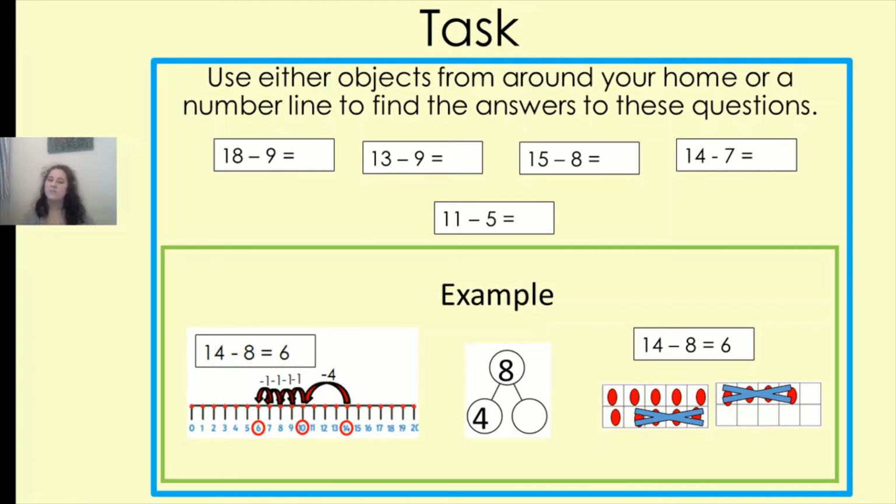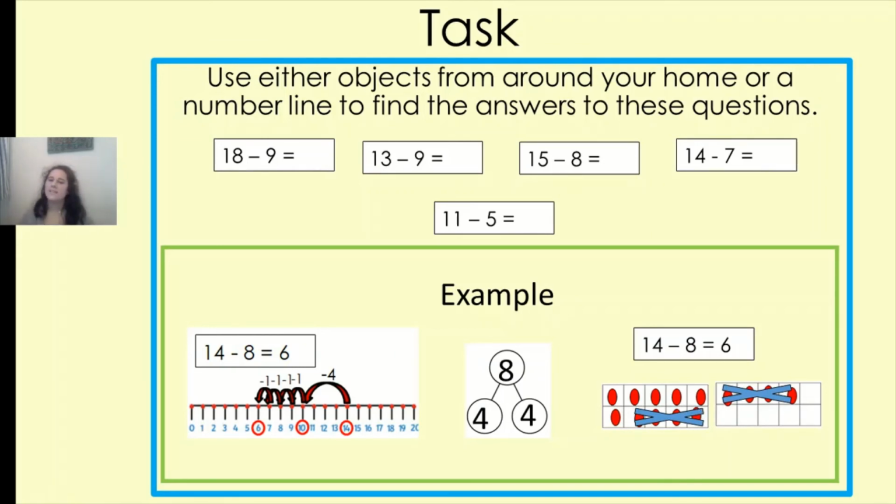Then I found the difference between 4 and 8, which is 4 again. So on my number line, I did that jump of 4 and then counted back 4 to find the answer was 6. And when I was using objects to help me, I got my 14 objects, took away 4 to get to 10, and then took another 4 away to get to 6.